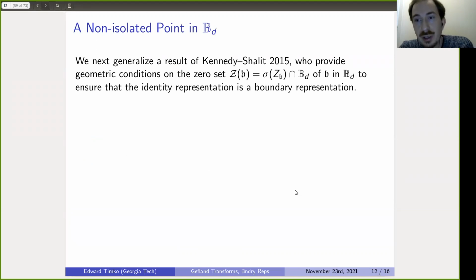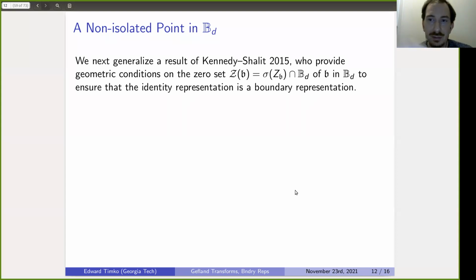For this next result, I want to talk a little bit more about stuff happening on the inside of the unit ball. And this has to do with whether or not you have a point of the spectrum, or as it turns out, the zero set inside the interior of the ball that is not isolated from the rest of the zero set of the spectrum.